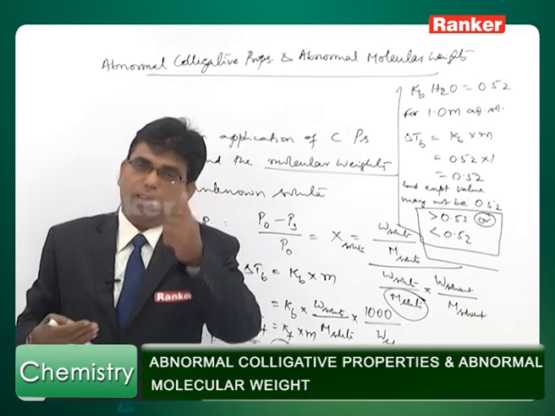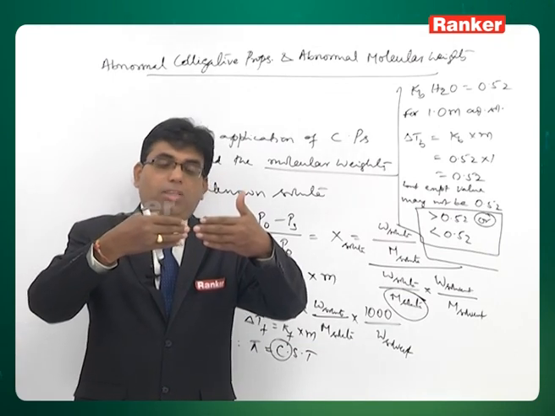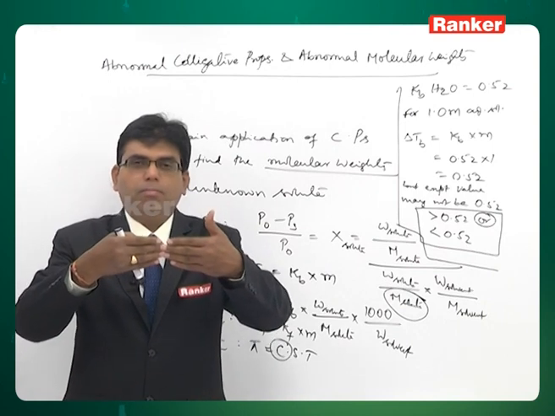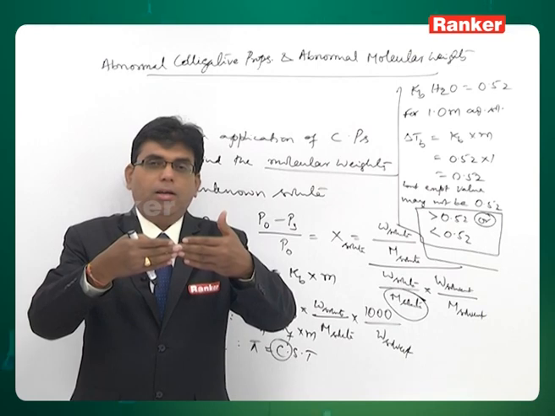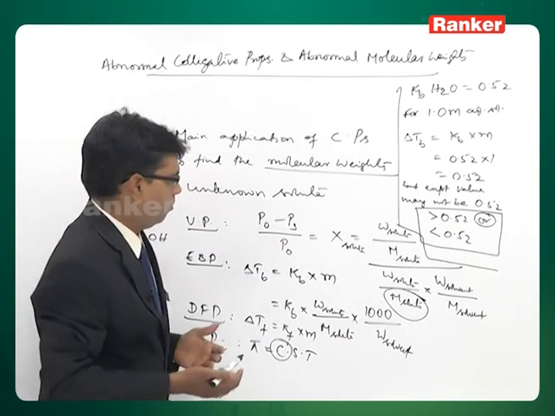Does it mean that we can take 120? Again, no. What is the extent of dimerization? Whether the entire quantity gets dimerized, or only partially. It is like dissociation. It depends on the degree of association or dissociation.